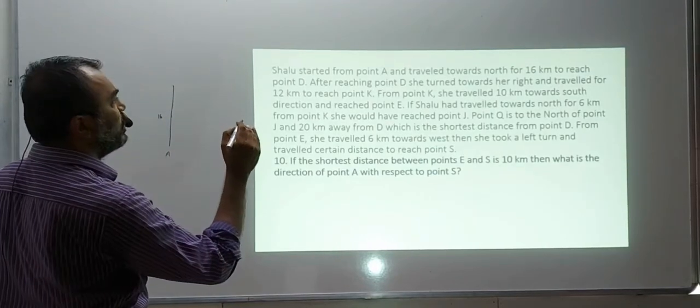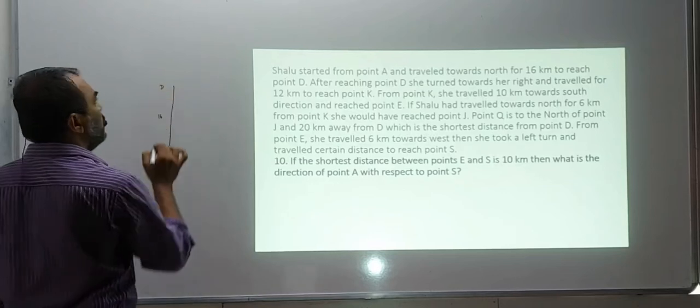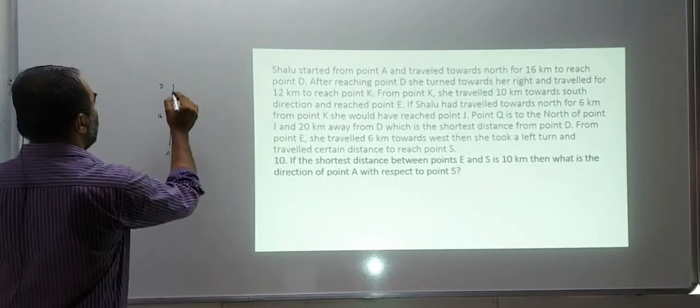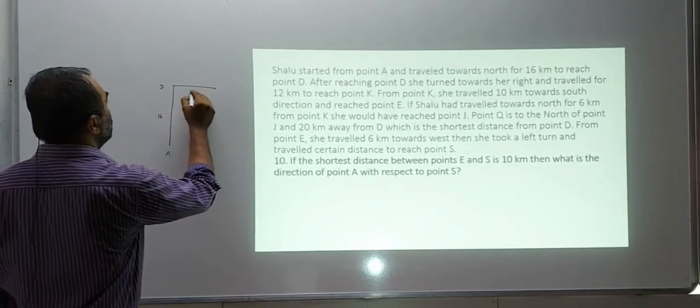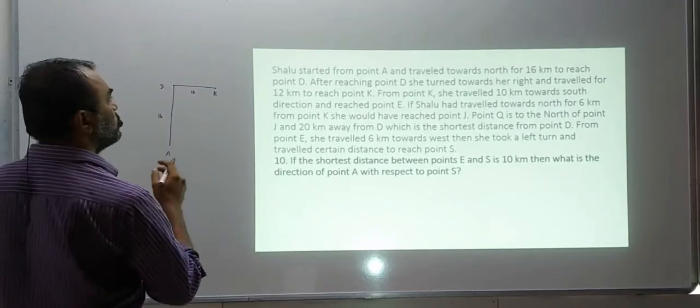Shalu started from point A and traveled north for 16 kilometers to reach point B. So here she is at point D. After reaching point D, she turns toward the right and traveled 12 kilometers to reach point K. So this is the point K.